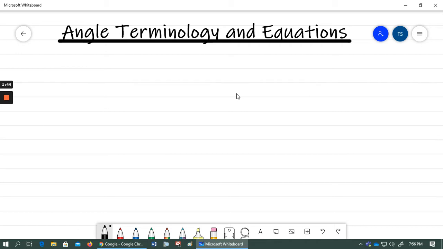A few lessons ago, we discussed the segment addition postulate, where you could take the lengths of 2 segments that are right beside each other and add them together to equal the length of the entire segment. The angle addition postulate is similar to that, except it's with angles.